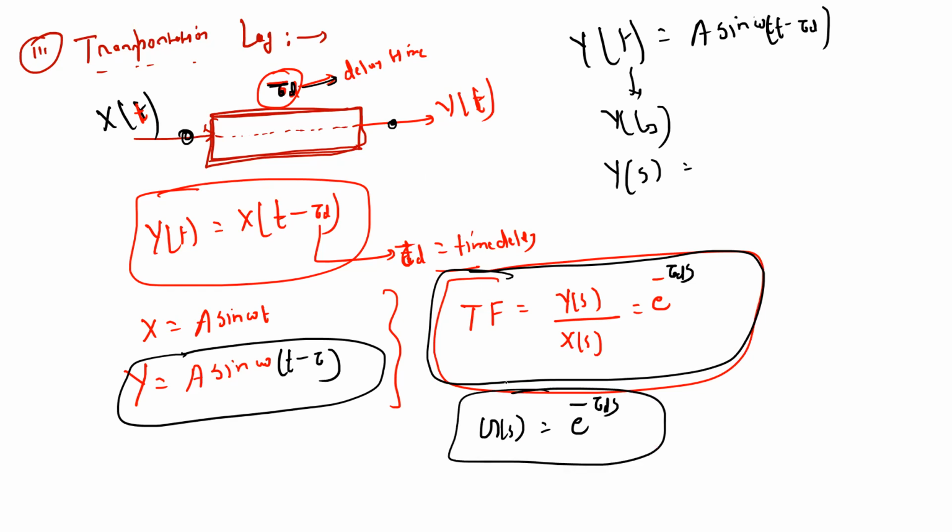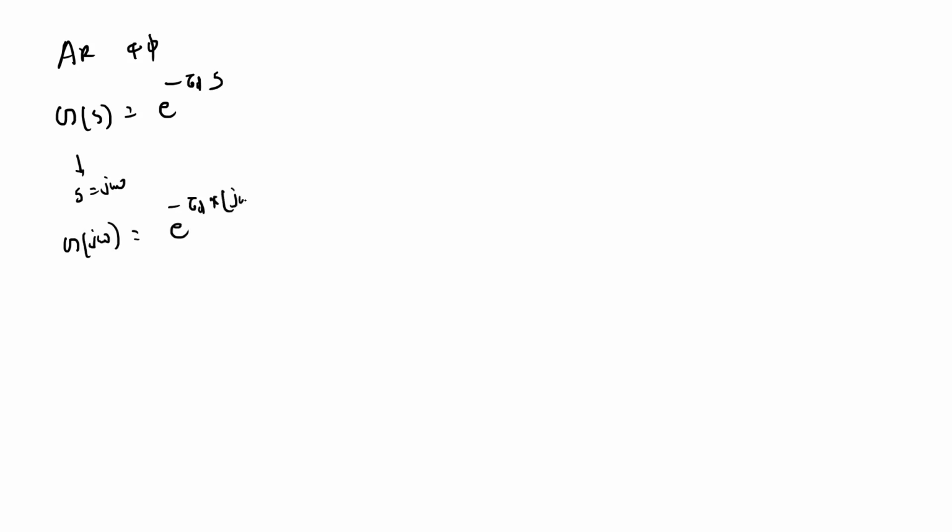Now, once you have got the transfer function, the main aim is to calculate the amplitude ratio and phi. I have told you that if you have G(s) equal to e to the power minus tau d s, I'll substitute s equal to j omega. So I'll be writing G(j omega) equal to e to the power minus tau d into j omega. Is it clear? Can I write e to the power j theta equal to cos theta plus j sin theta?